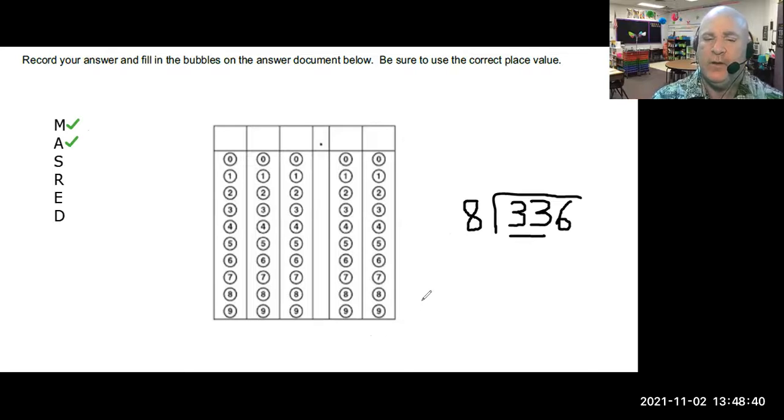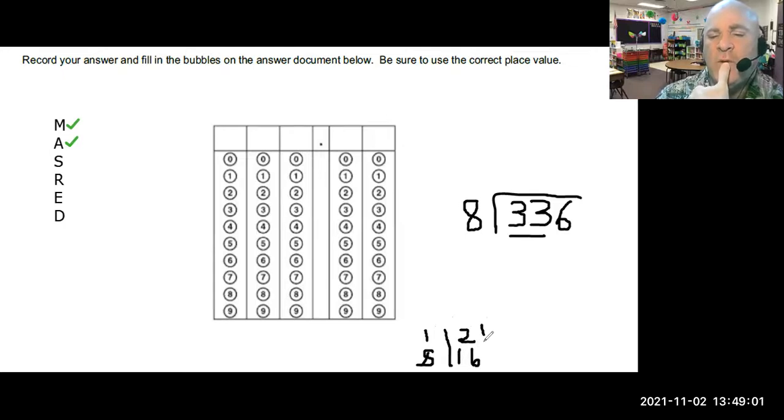So what we'll do is down below, we'll try to come down here as low as we can so we have room to do the work. 8 times 1, what you multiply, put it on top. The answer, put it on the bottom, is 8. 8 times 2 is 16. And you're going to teach your kids, keep going until you get to the number that you underlined or higher.